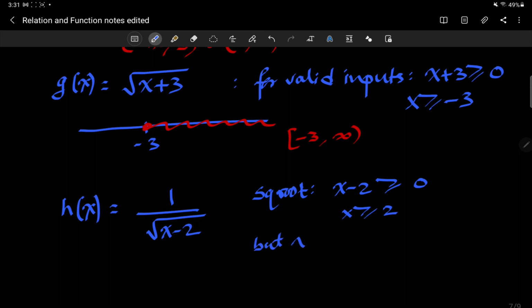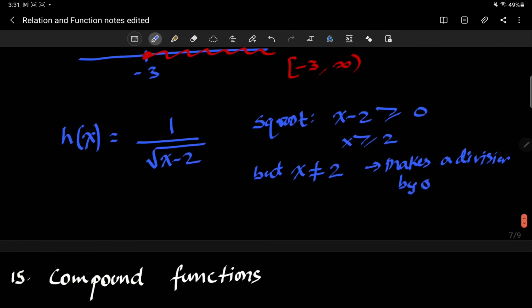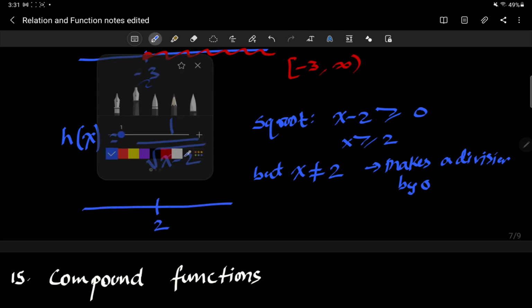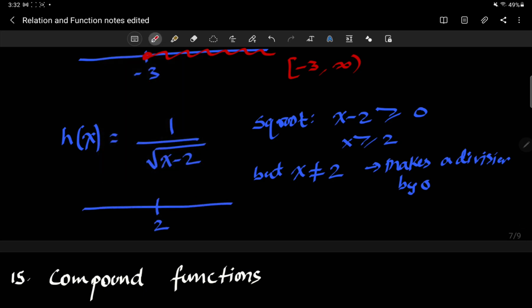But you have to recall that x cannot be 2, because that makes a division by 0. That creates a scenario of division by 0. So here is 2. When you're figuring out your domain, x cannot be 2 and has to be larger than 2. So it's 2 to infinity.